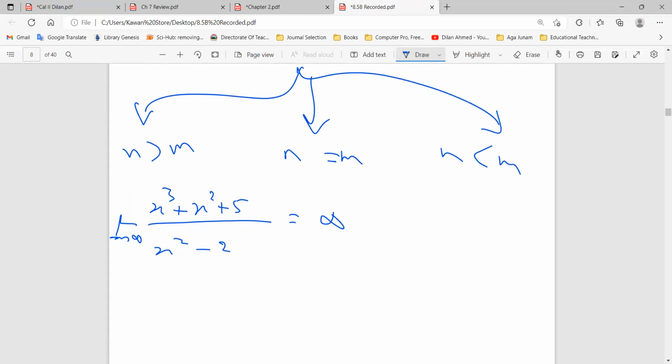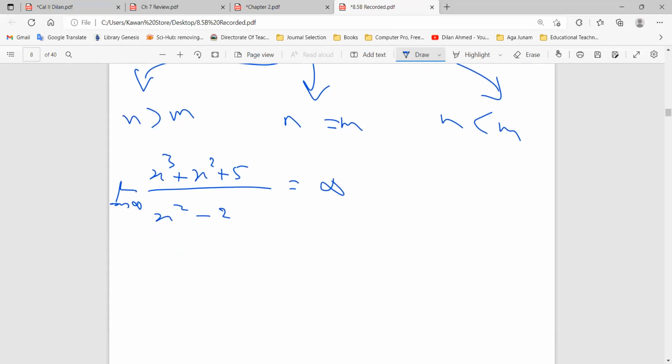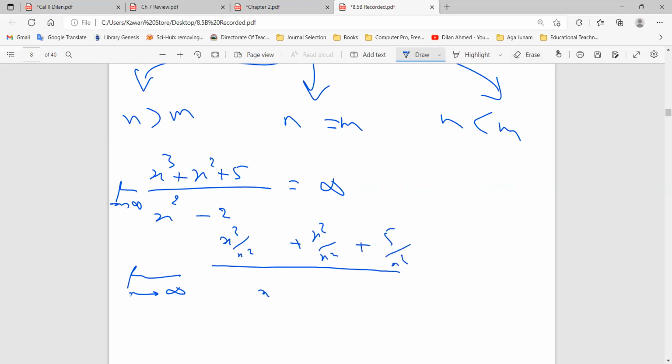How? We are going to divide both numerator and denominator by the highest degree of the denominator. So x to power 3 divided by x squared, x squared by x squared, 5 by x squared, x squared by x squared, 2 by x squared.